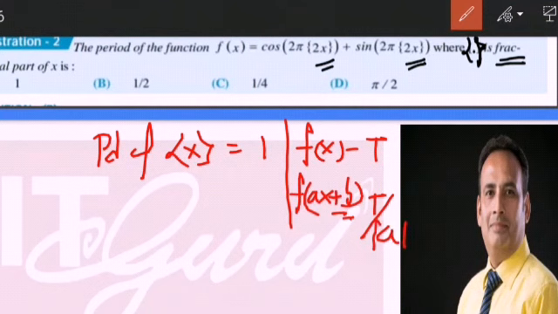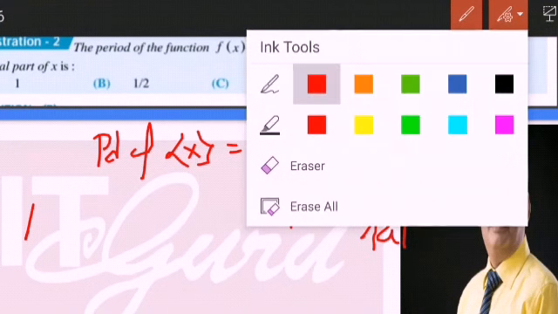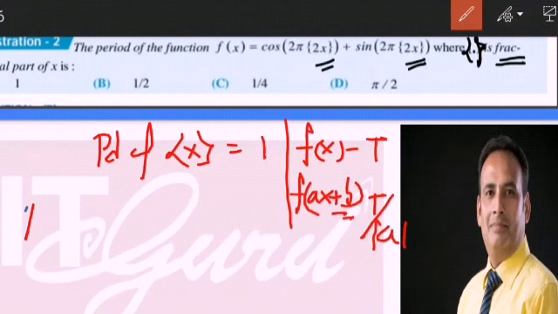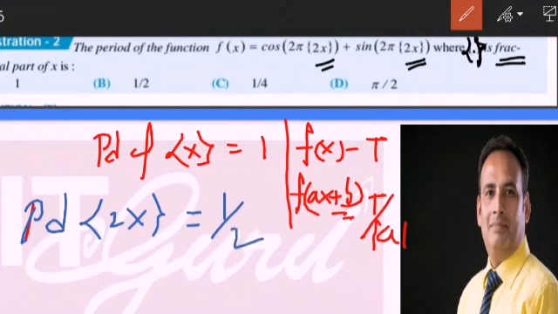Where a is the coefficient of x. So here, what is the coefficient of x? That is 2. So here we recall the period of the fractional part of 2x, that is 1 by 2.